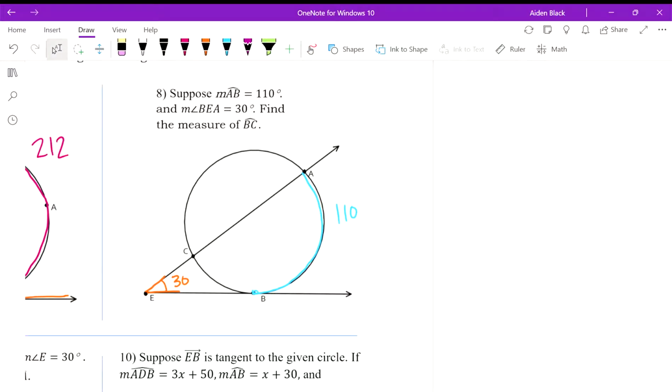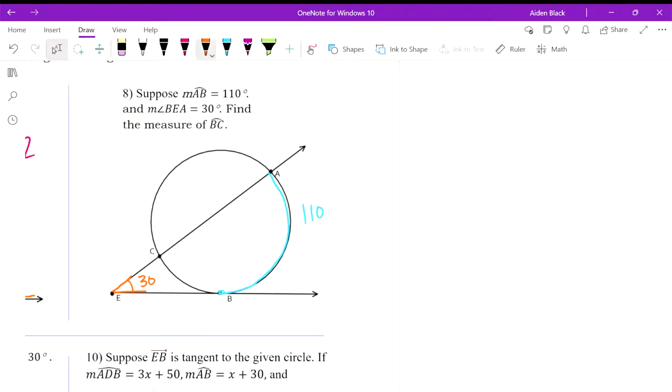You should know that the angle created by the tangent secant line is 1/2, so I'll write this out. 30 is 1/2 the difference of the big arc minus the small arc. I'm going to write X because I don't know what that arc is, CB. So CB is X in this case.